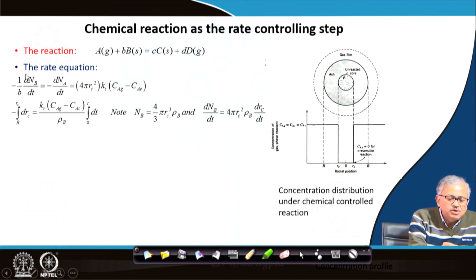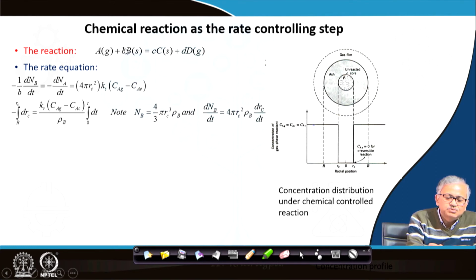N_B is the number of moles of B, and dNB dt, the rate of change of moles of B with time, should be negative because B is consumed, and A is also consumed, that is why minus dNA dt.